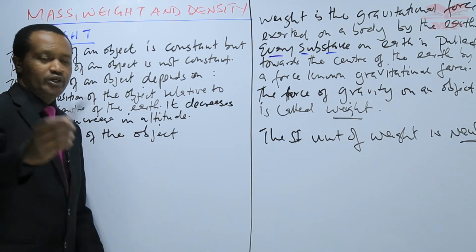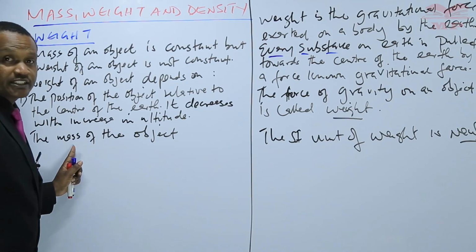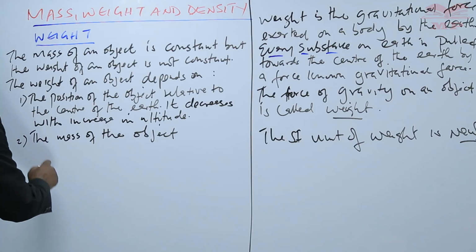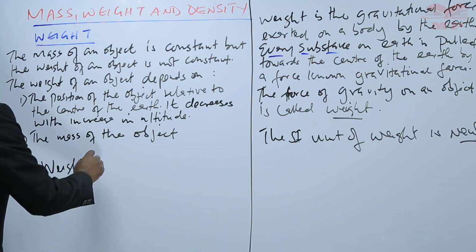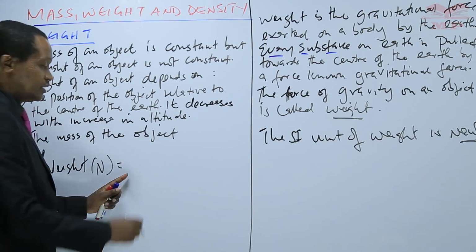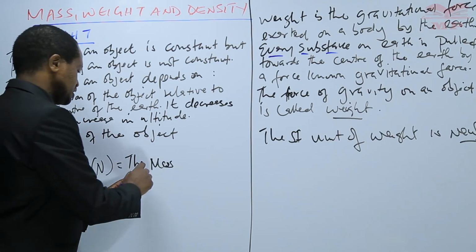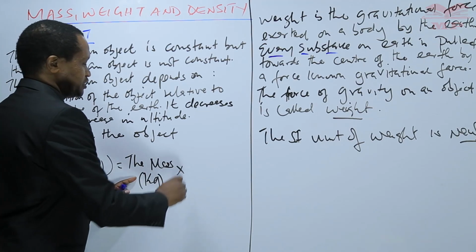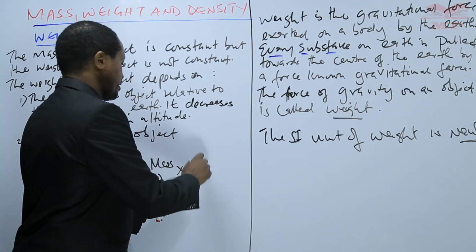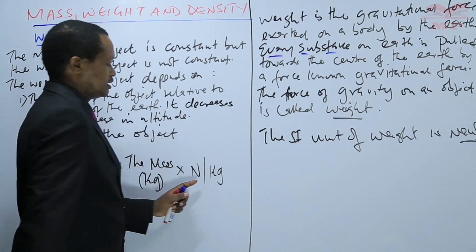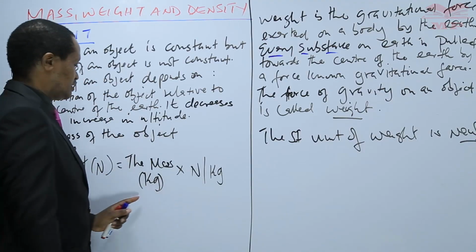Remember, learners, we gave the formula for weight, and weight is a function of mass. Weight, which is measured in newtons, is equal to the mass of an object, measured in kilograms, times newtons per kilogram.